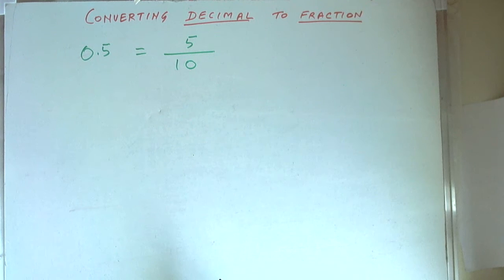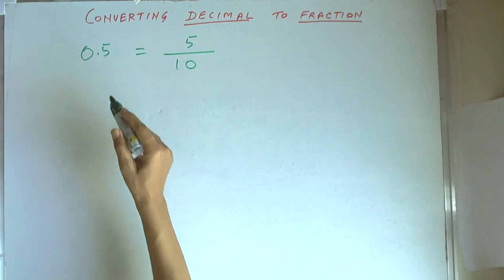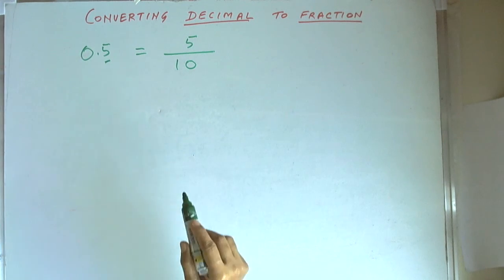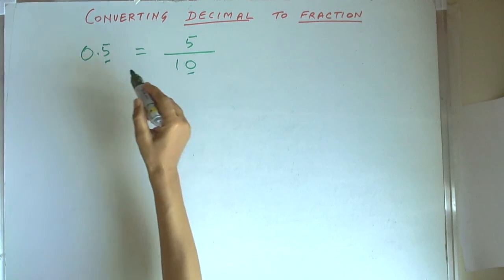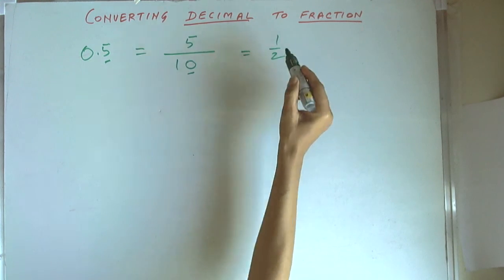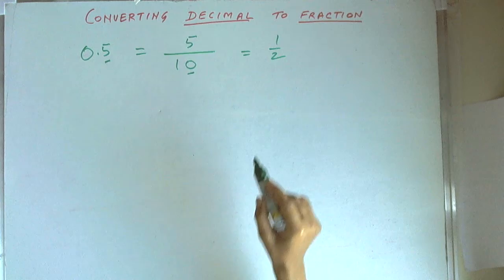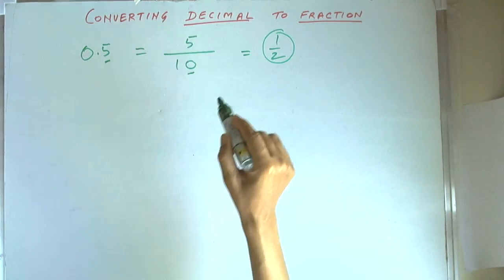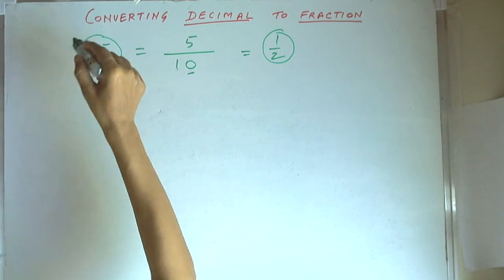Denominator is the part which is down, numerator is the part which is above. In this case there is only one place after the decimal, so it will be 5 by 10, and 5 by 10, as we know, is 1 by 2, so this is half. So half can be written like this and like this also.